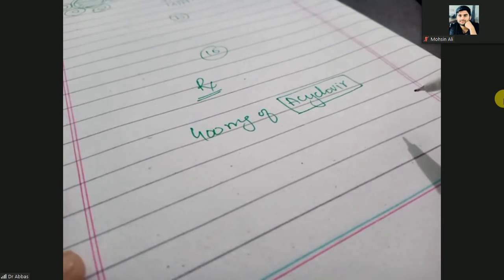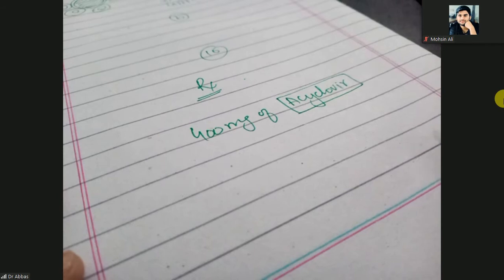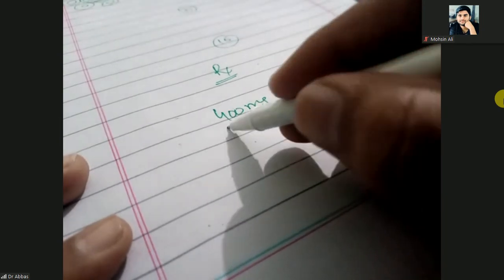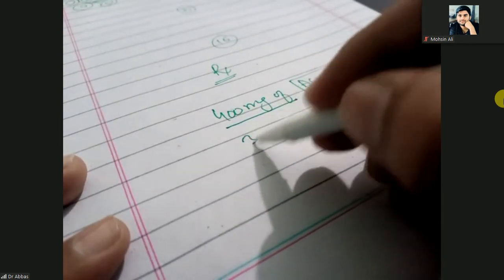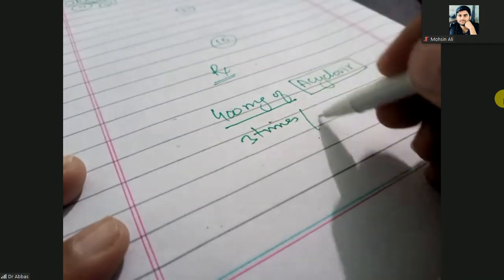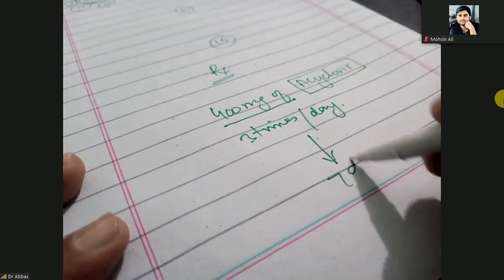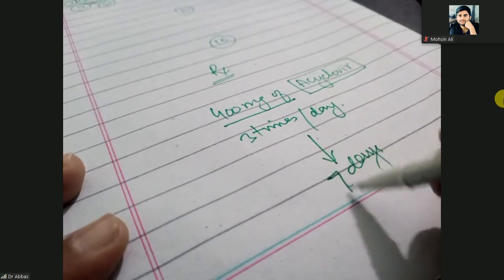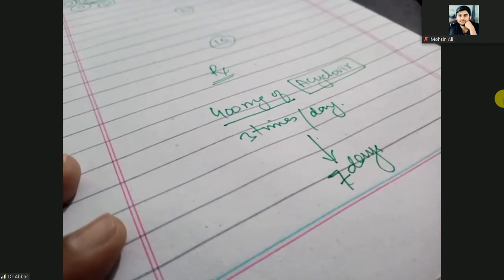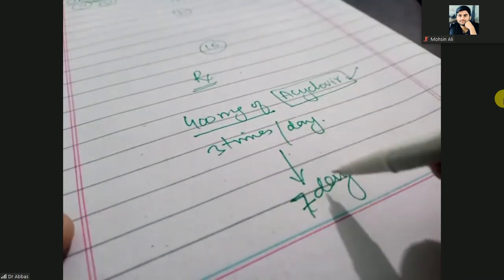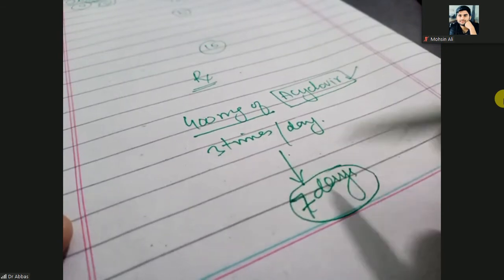So you will go with the antiviral drug, acyclovir. How much? You will give 400 milligram, 3 times per day, for the period of 7 days. Okay, so this is the treatment: 400 milligram of acyclovir 3 times per day for 7 days.